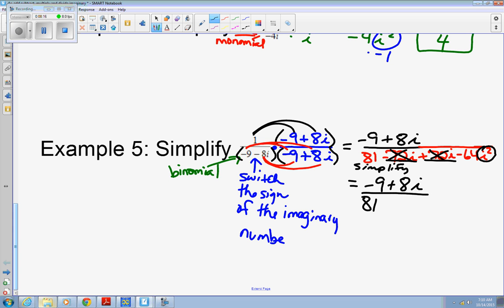So we have negative 64 times negative 1, which is positive 64. Well, let's clean this up even more. The numerator stays the same. The denominator 81 plus 64 is 145. We look at all the terms, negative 9, 8, and 145. Are they divisible by anything in common? I can't see anything that's divisible. We have no more imaginary number in the denominator, so that is my final answer.